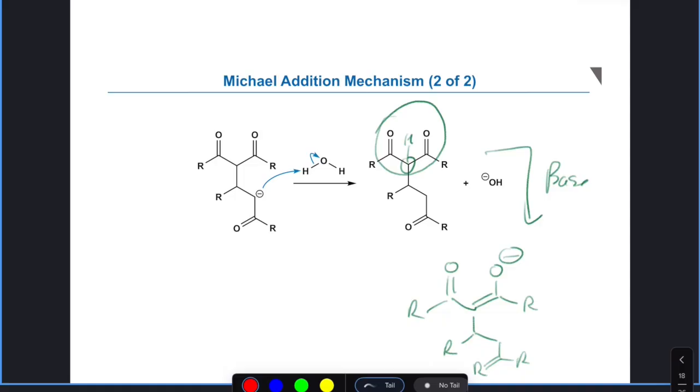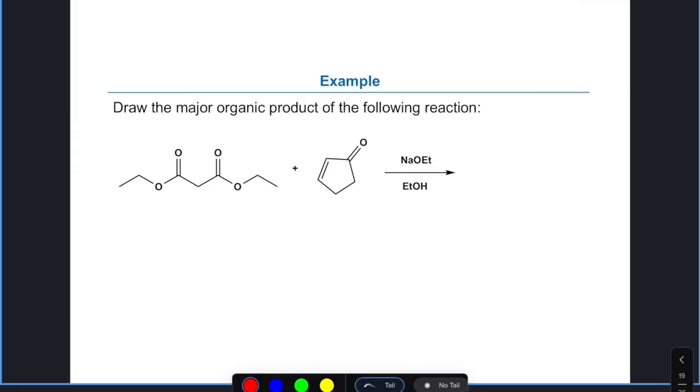So let's take it through here. You've got an alpha beta unsaturated system. You've got this malonic ester. We're going to take it through this addition to draw out the product. So this is going to be our donor. We have our protons. This is going to be the acceptor.